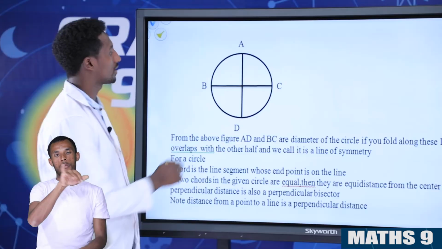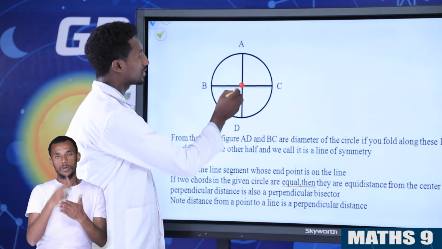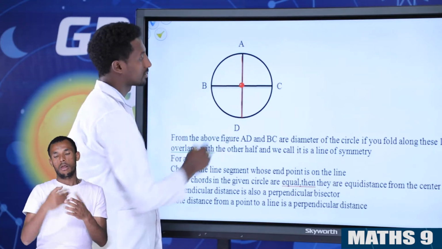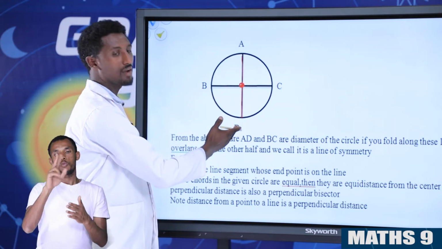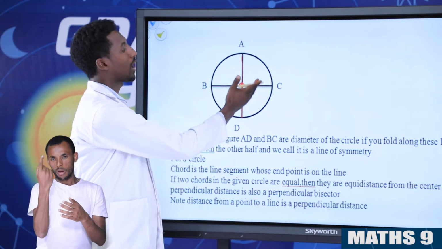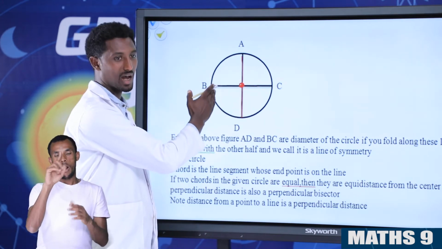Let's look here. This one is the center. This one is the diameter. If we fold along every diameter, one half coincides with the other half.